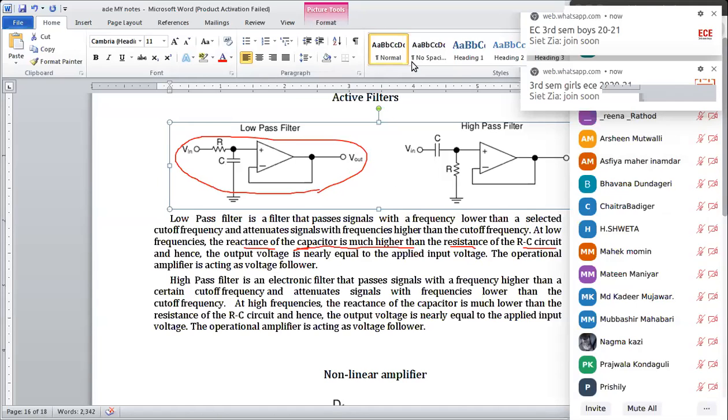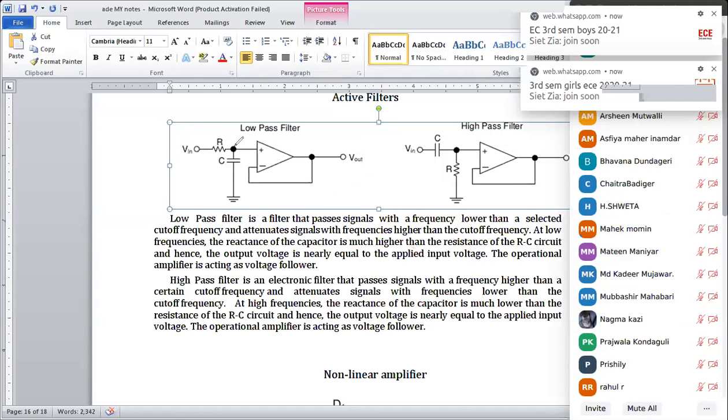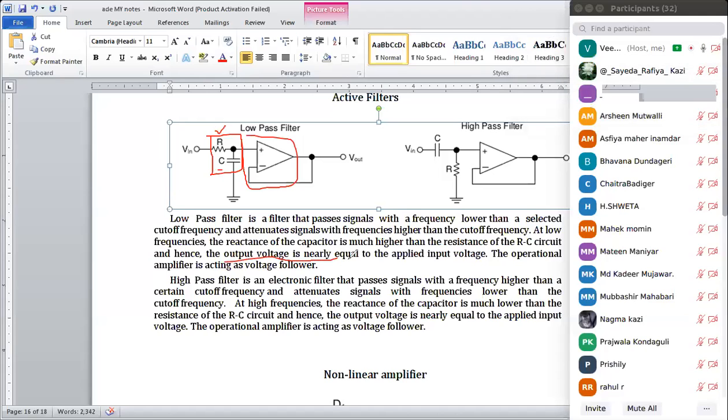So here at the input of this op amp, we have an RC network. R and C are connected in a parallel fashion here. So due to this, the output voltage is nearly equal to the applied input voltage, and the operational amplifier acts as a voltage follower.